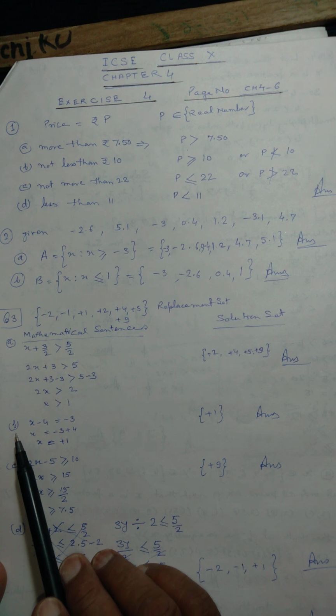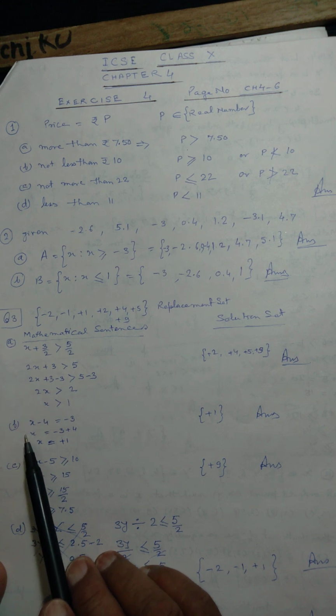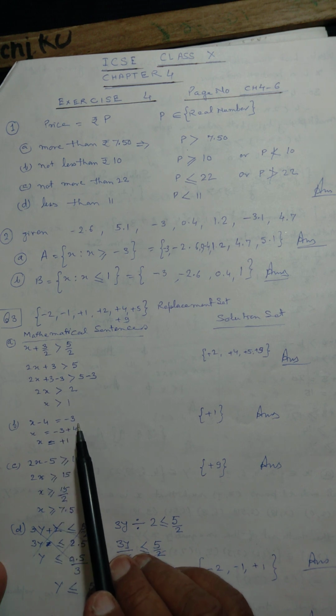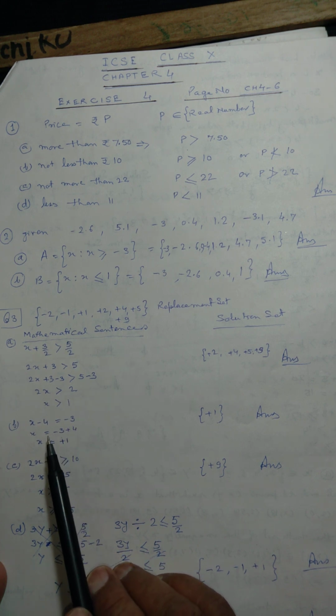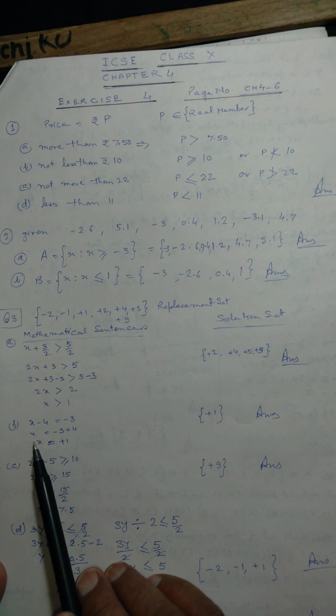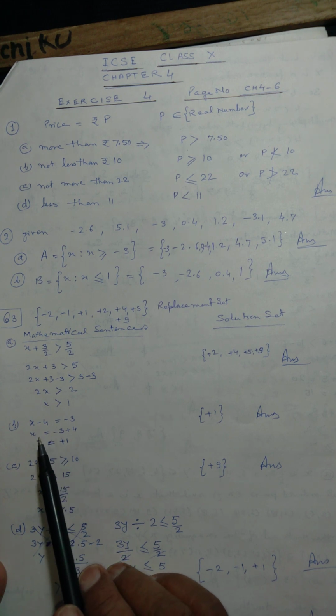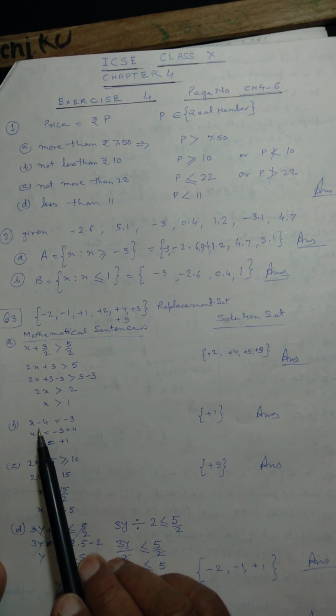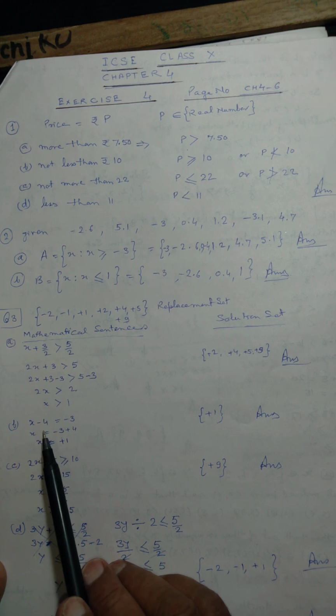Now the B part of question number 3, that is x minus 4 equal to minus 3. What I have done here is added plus 4 to both the sides. Why have I added plus 4? Because my aim was to remove minus 4.